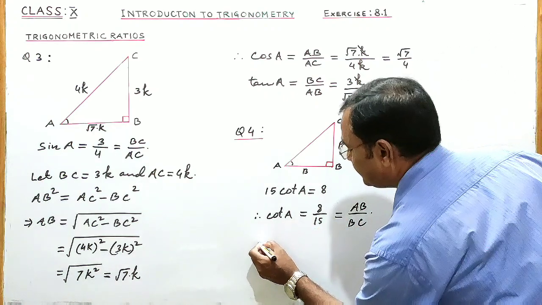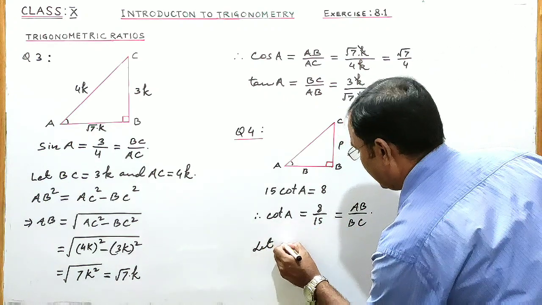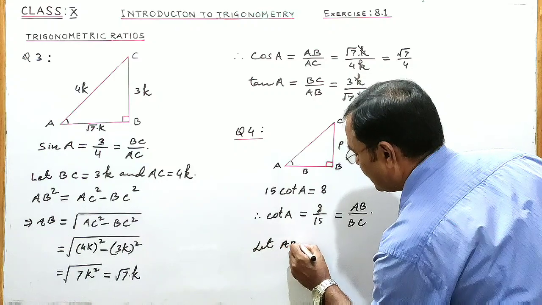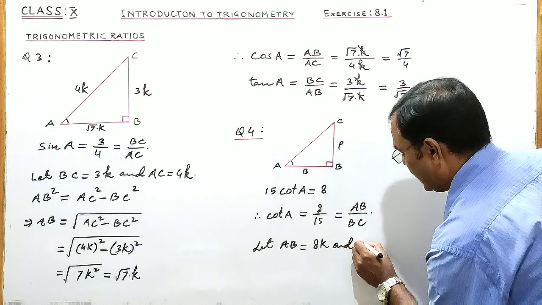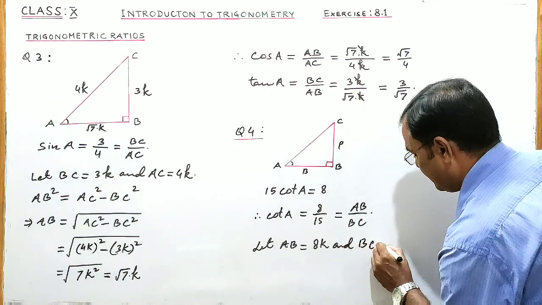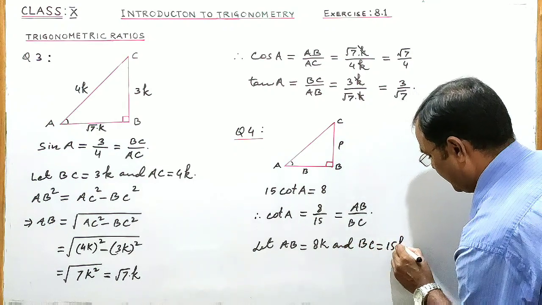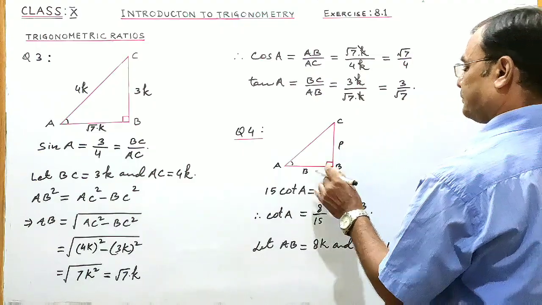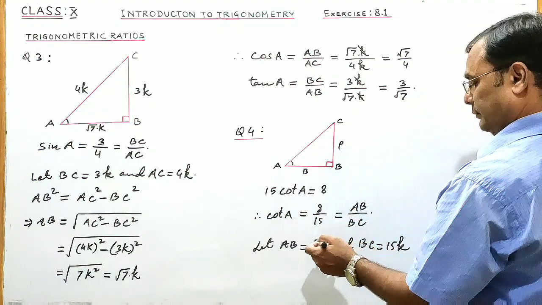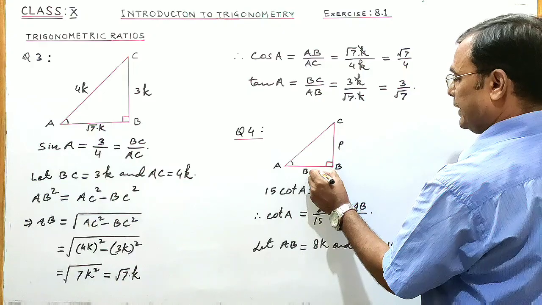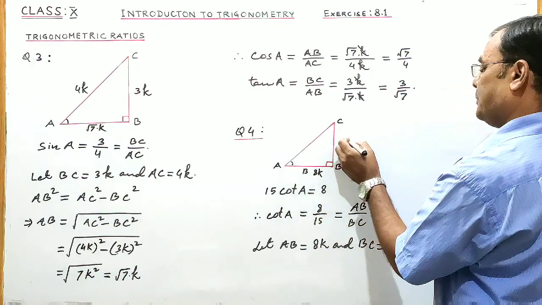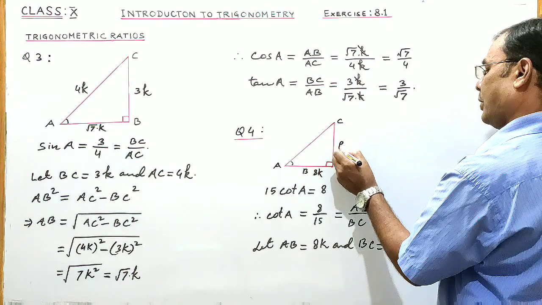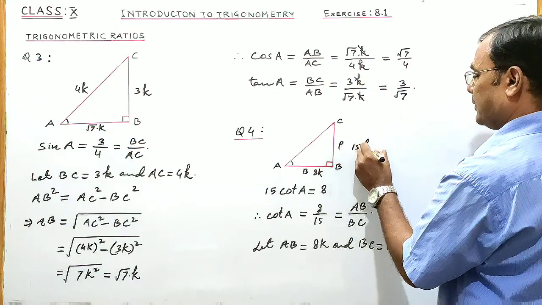So let AB be equal to 8K and BC be equal to 15K.